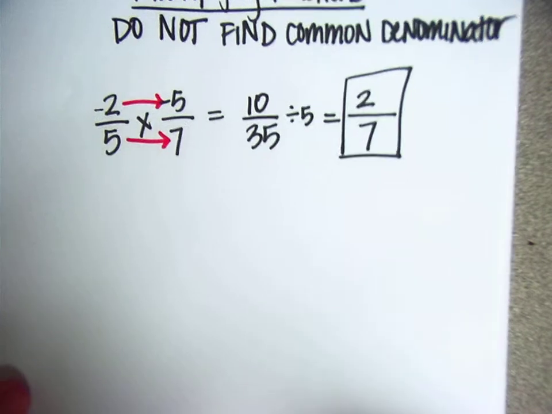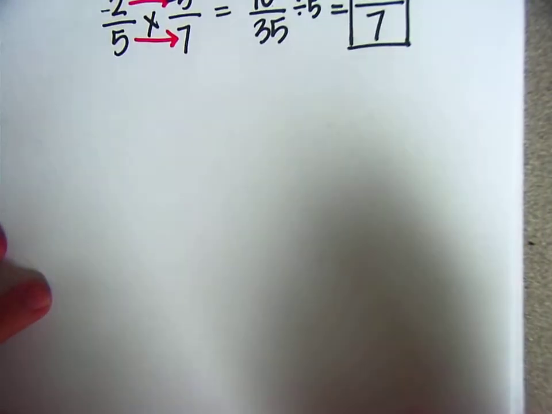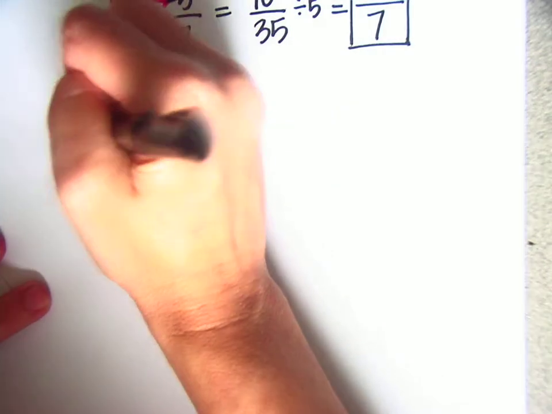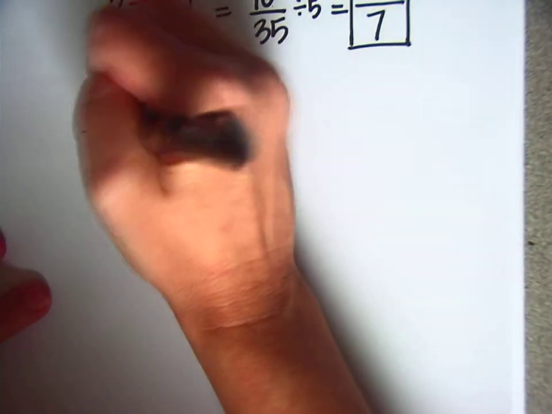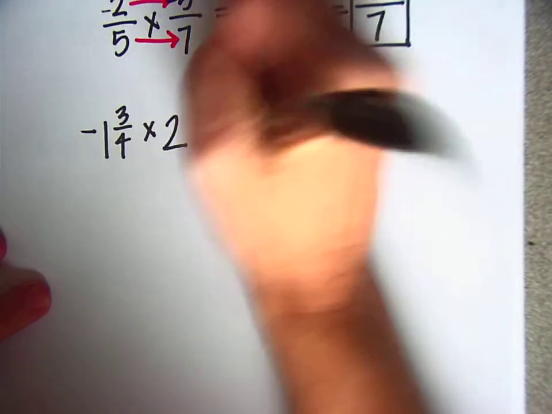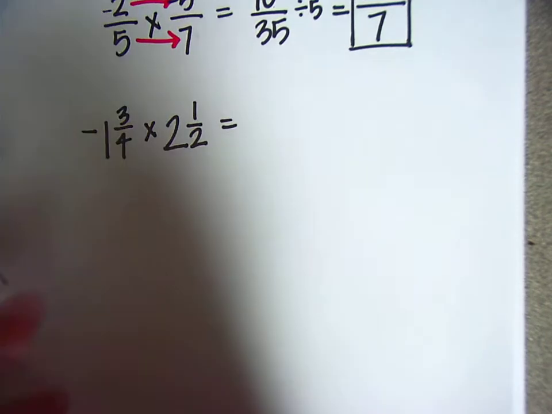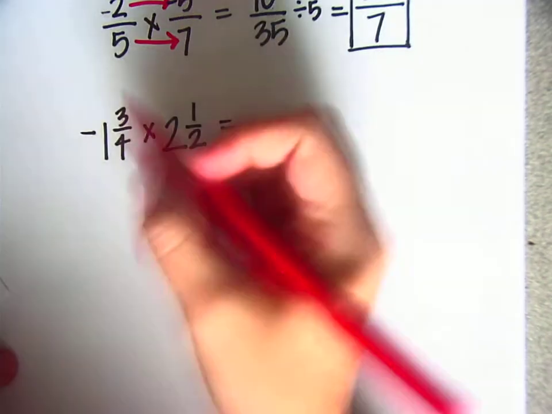Now let's look at fractions that start off as mixed fractions with whole numbers. So we have negative 1 and 3/4 times 2 and 1/2. The first thing we have to do is CMA.